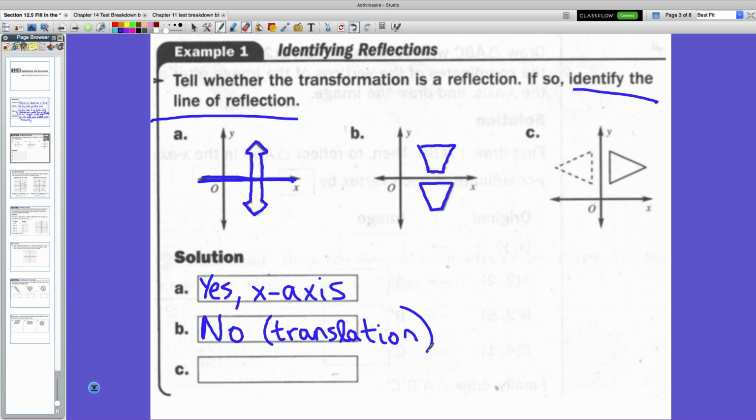Let's look at C. Could I take this triangle and reflect it to get to this triangle? The answer is yes, and the line that we're reflecting it over is the y-axis. Hopefully that's pretty easy for you to see.